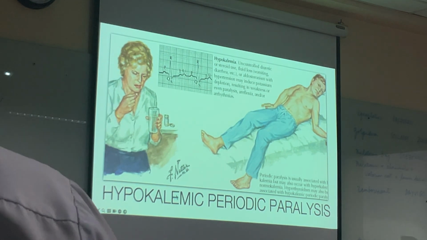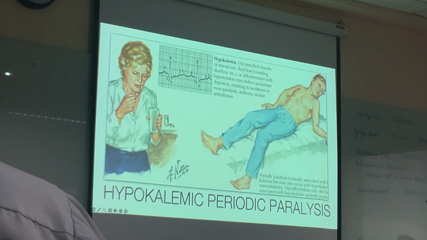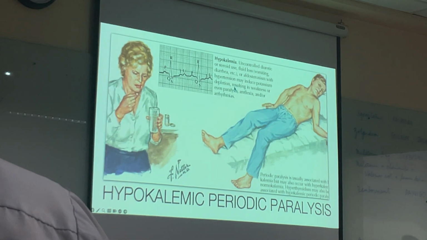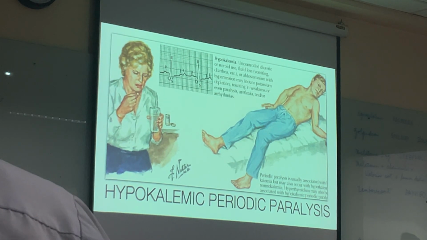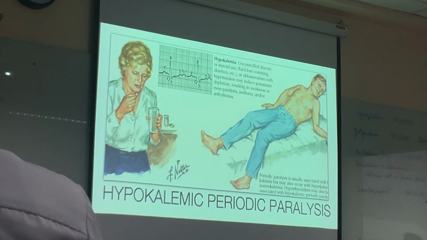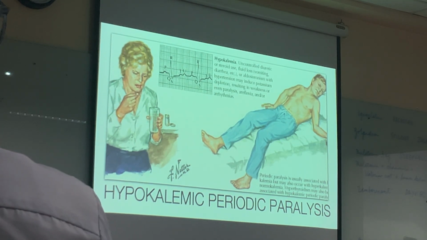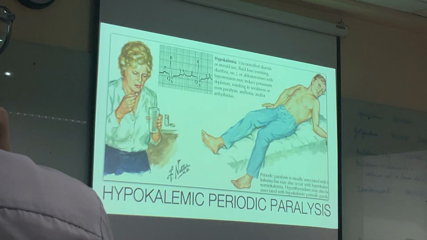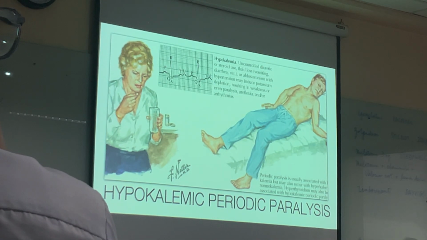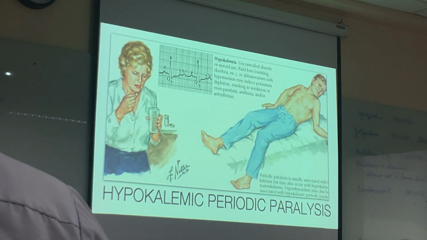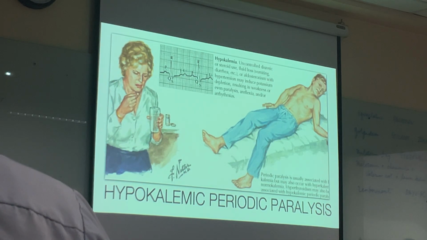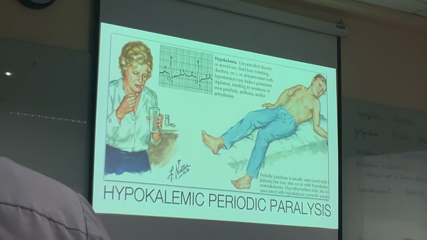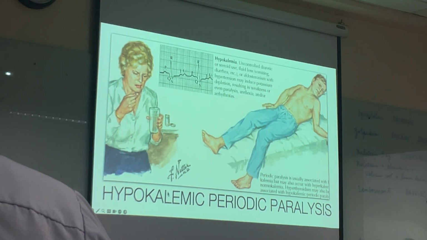What? Tataas yung potassium niya. Very good. Ha? Tama? Tataas yung potassium niya. Hello? How do you administer potassium? Slowly. So you will usually incorporate it only in the IV fluids. Because if you inject it directly, you kill the patient. The patient will die of cardiac arrest.